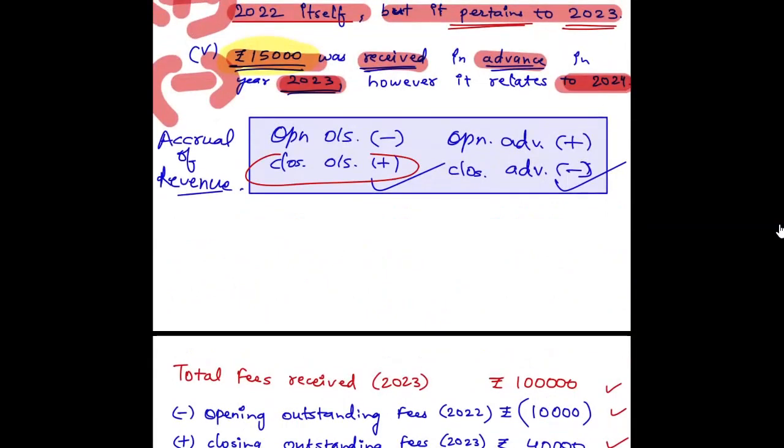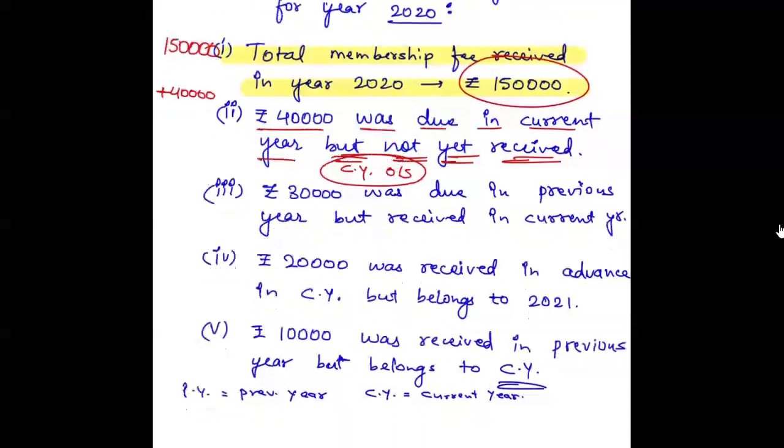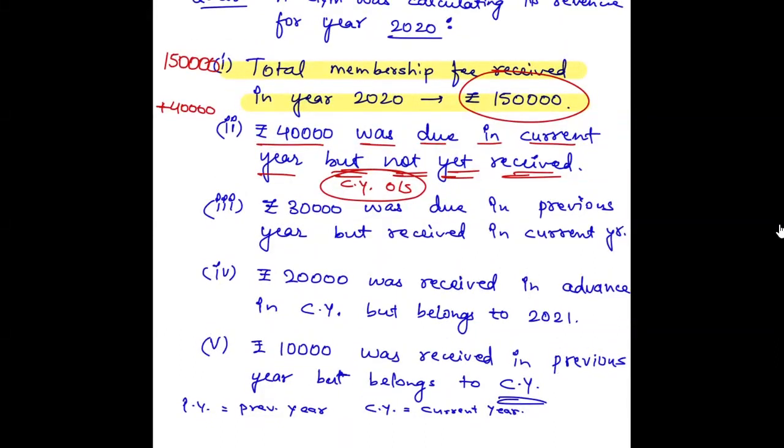So current year outstanding needs to be added. How I got to know that it is current year outstanding? Because it is mentioned it is due in the current year, but not yet received. Not yet received means it is outstanding, and current year means it is current year outstanding. That is why I have to add it.